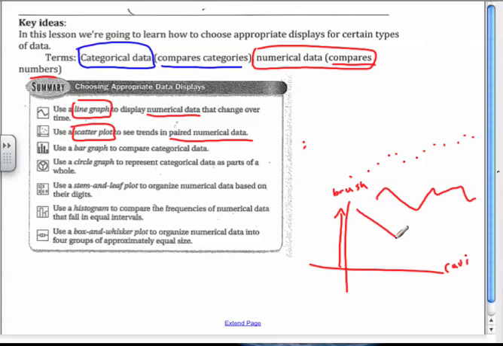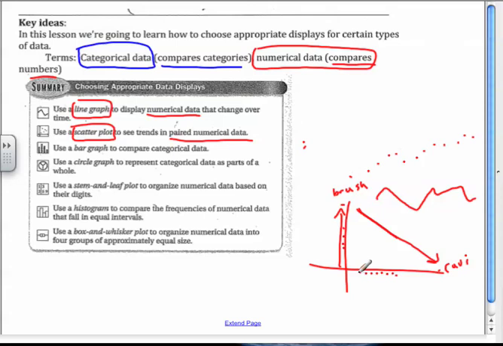Yes, the more times you brush, the fewer cavities you have. Yes. So these things have an inverse relationship, right? The more you brush, the fewer cavities you have. Okay? So as brushing goes up, cavities go down. All right? So that would be a scatter plot.